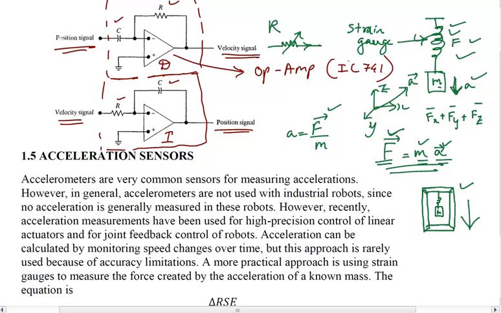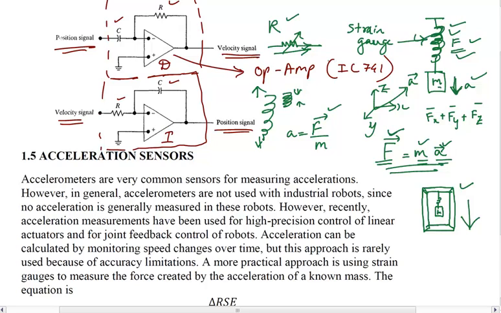Similarly, when there is a force experienced by this, it will deform the spring. The spring will either elongate, or if it is in the opposite direction, it will compress. So either it will expand or it will compress. Based on that, the resistance value will change, because of which the current flowing through it will change.